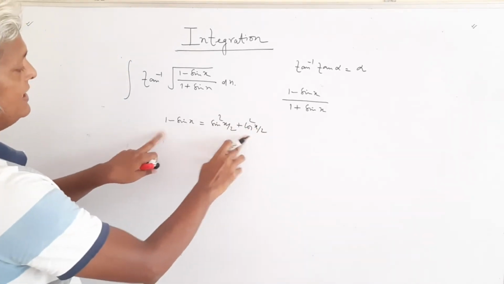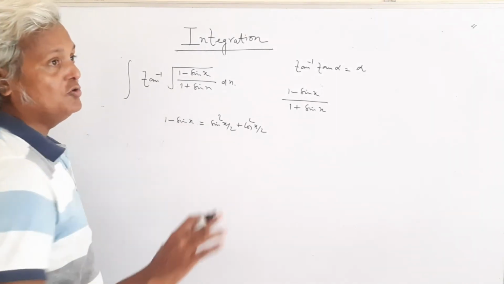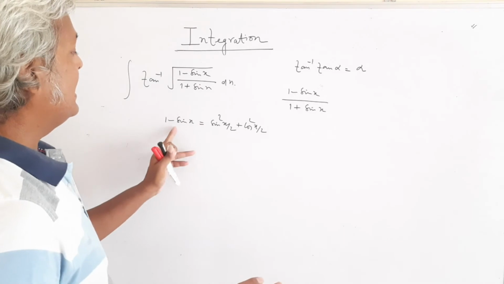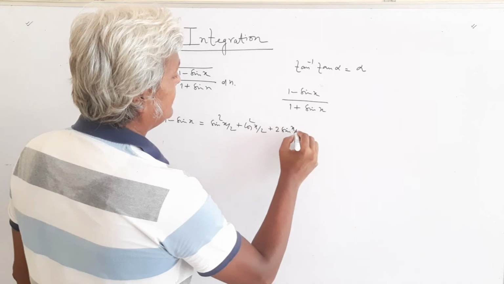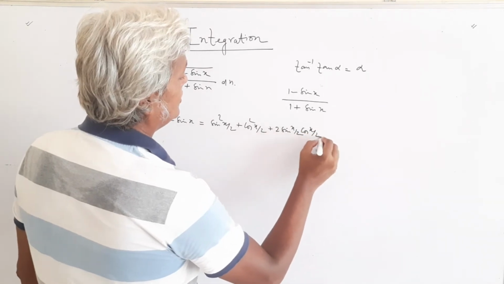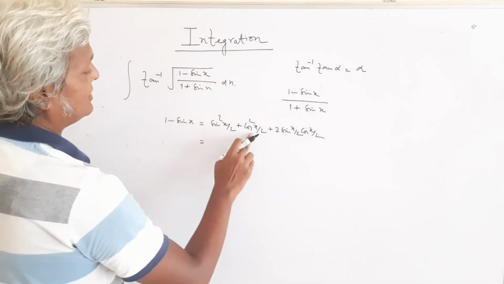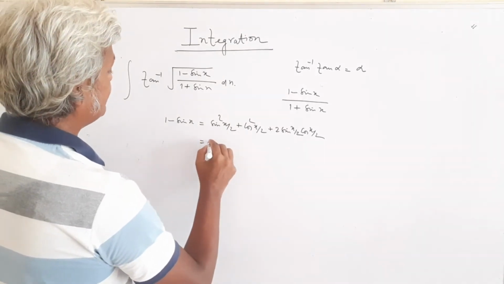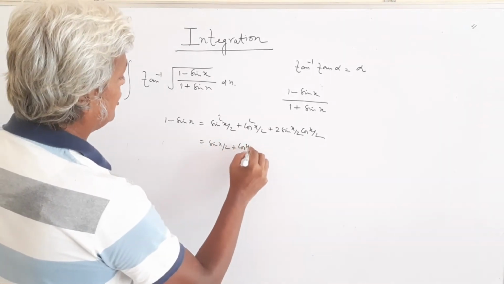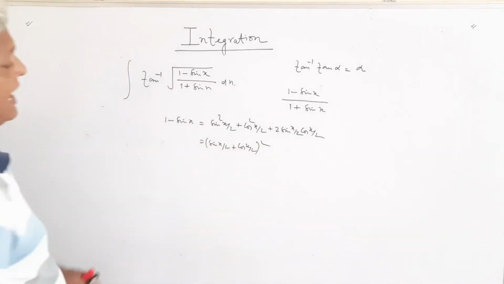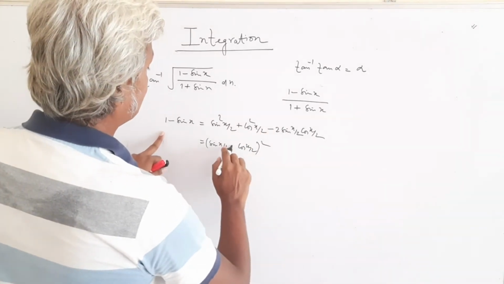And this sine x, if I go into the submultiple form, since sine 2 theta is 2 sine theta cos theta, sine x will become 2 sine x by 2 cos x by 2, which can be converted as a square plus b square plus 2ab. That one can be written as sine x by 2 plus cos x by 2 whole square. And for the numerator, this is minus, so I'm sorry, this should be minus.